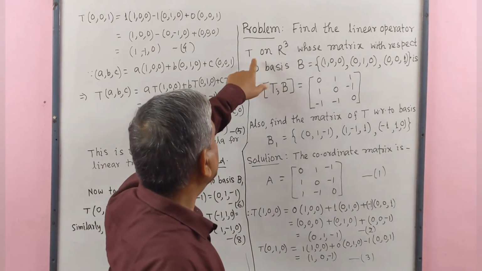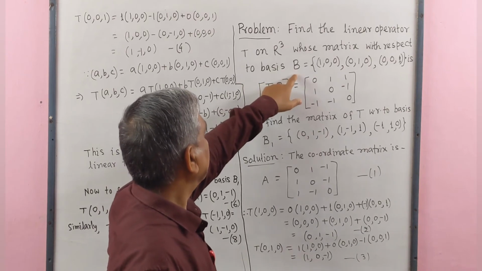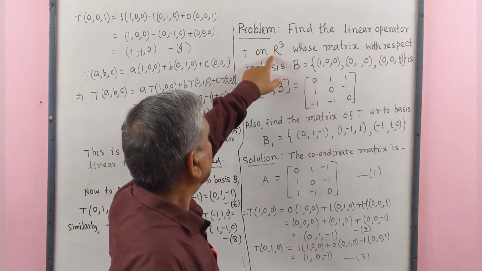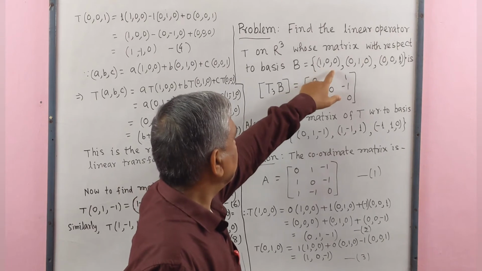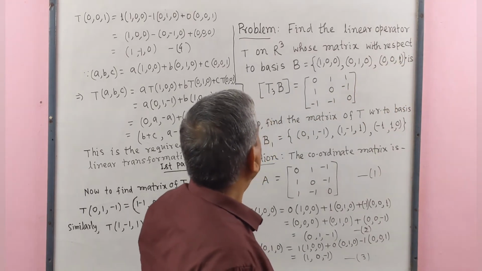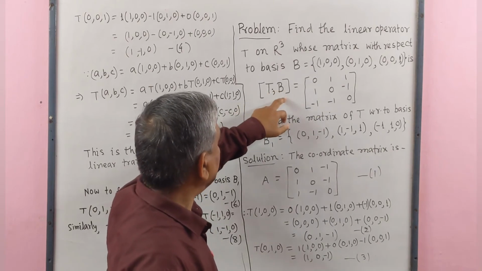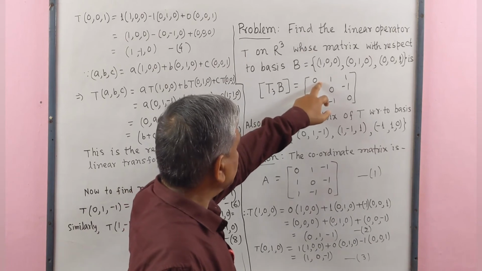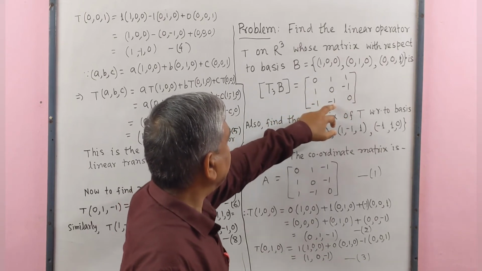Find the linear operator T on R3 whose matrix with respect to basis B is given. B is the basis of the vector space R3, which contains the vectors (1, 0, 0), (0, 1, 0) and (0, 0, 1), and the matrix of the linear transformation T with respect to basis B is the matrix with first row 0 1 1, second row 1 0 minus 1, third row minus 1 minus 1 0.